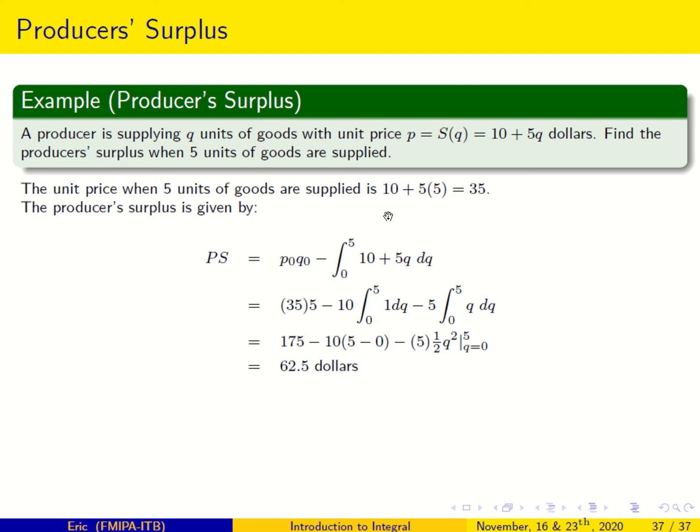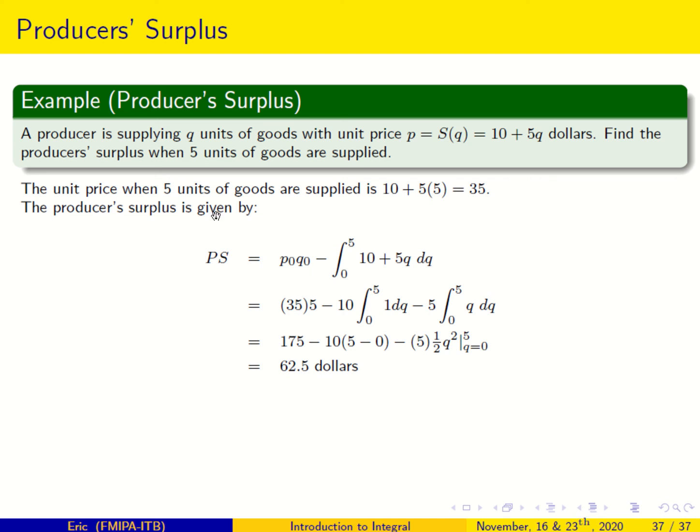Don't forget the supply function should be an increasing function, because as a producer, if you buy many units, the producer expects you to buy at a higher unit price.